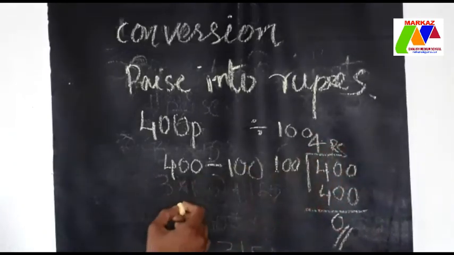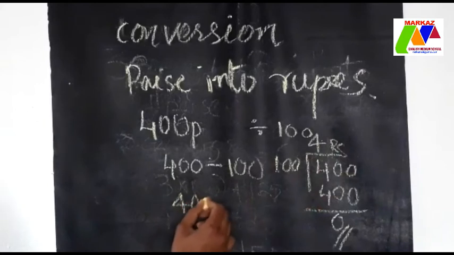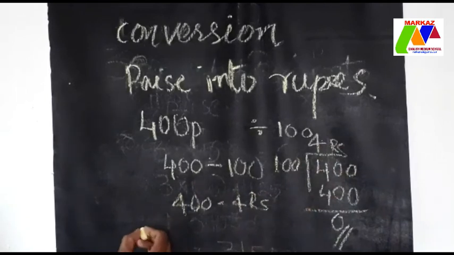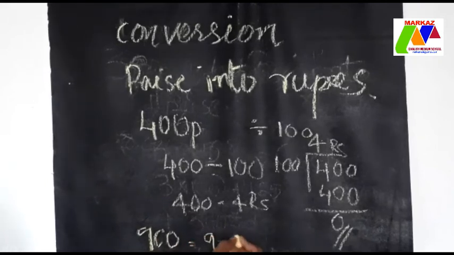Okay, so 400 paise is equal to 4 rupees. Understood? If the paise is 900, it is equal to 9 rupees. Understood?